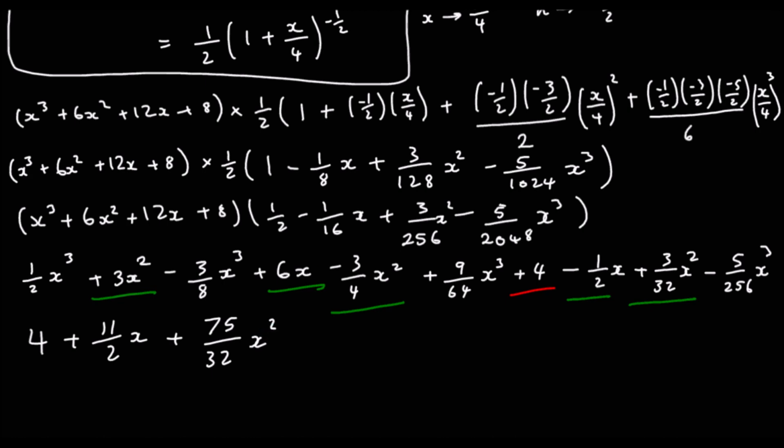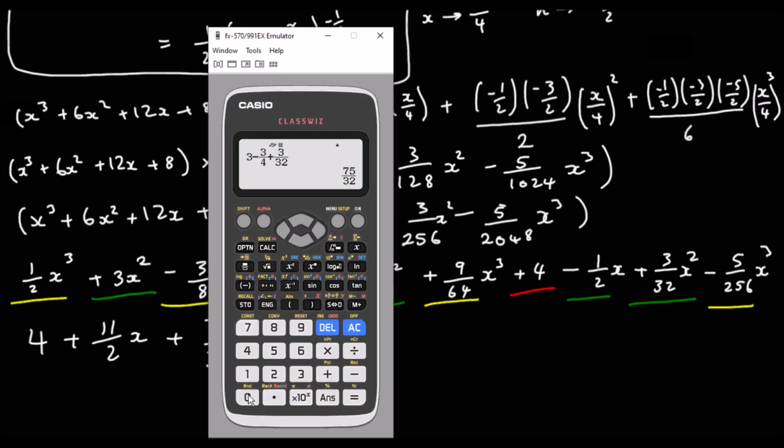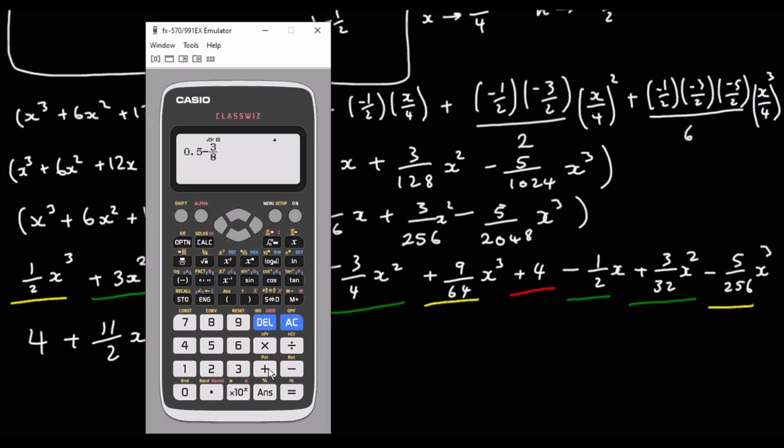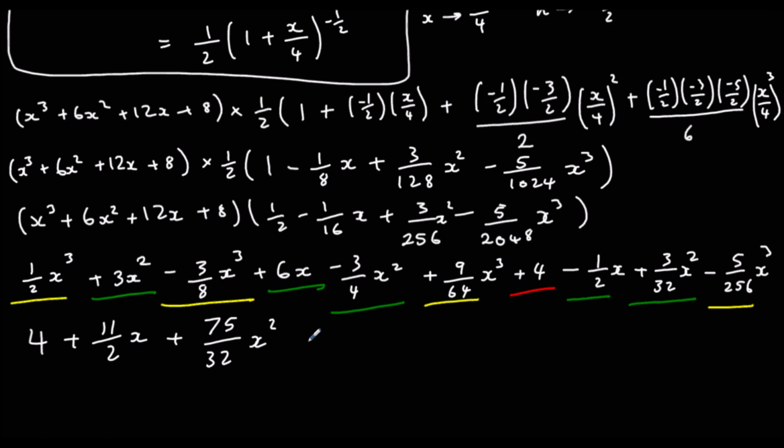That's x squared. And for our x cubes, we've got a half minus 3/8 plus 9 over 64 minus 5 over 256. So 63 over 256 x cubed.